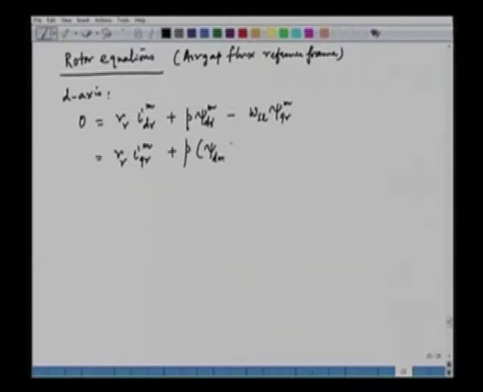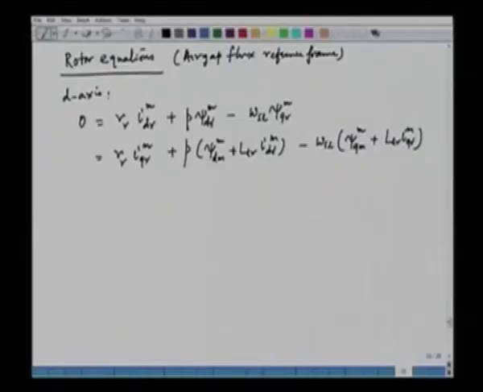So we have psi dm m plus Lr into idr m minus omega sl, and psi qr m we can replace by psi qm m plus Lr iqr m. So this is actually directly coming from the previous equation, and here we know that this flux is 0. So this flux doesn't exist.